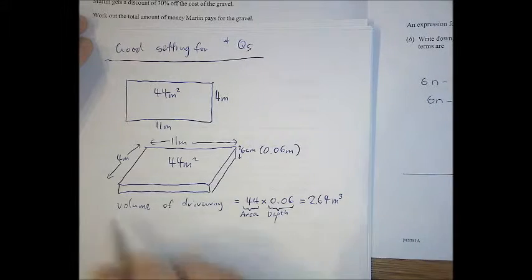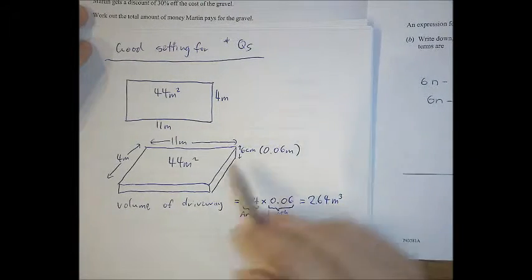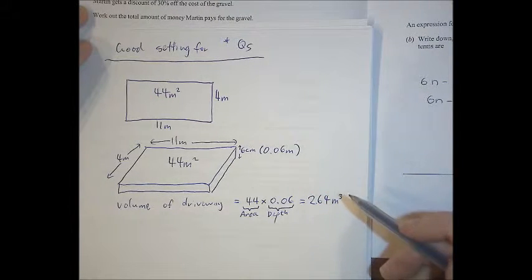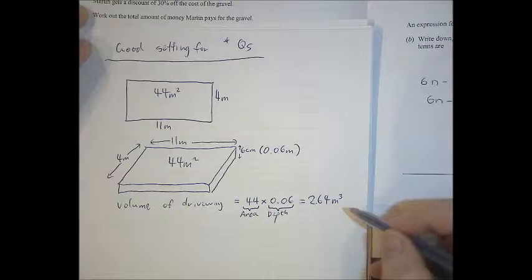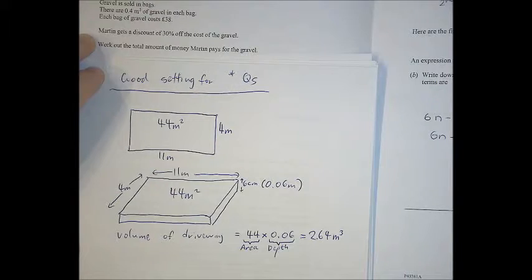Okay, now all that was without me even having read the question. I just thought that it would help me understand what was going on if I did those calculations, especially since in a calculator paper it doesn't take you that long to do. Now I'm going to read on with the question.